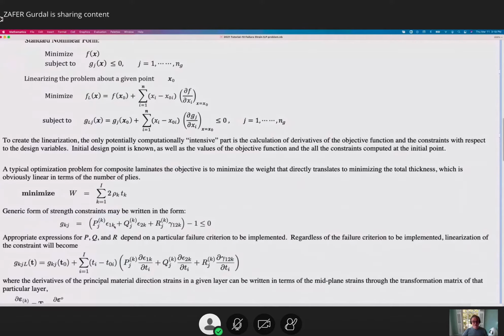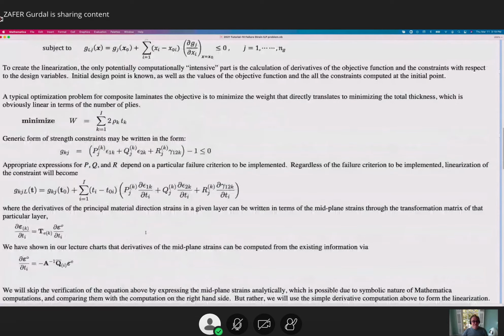If you use max stress or max strain, usually this will be a value, and these will be 0 for epsilon 1. This will be a value. These will be 0, Q and R for epsilon 2. So for each layer, 3 constraints, if the tension and compression limits are the same. If they are different, 5 constraints per layer.